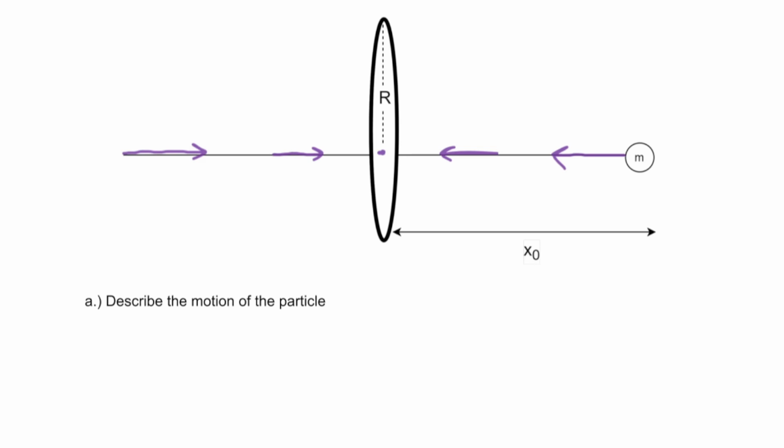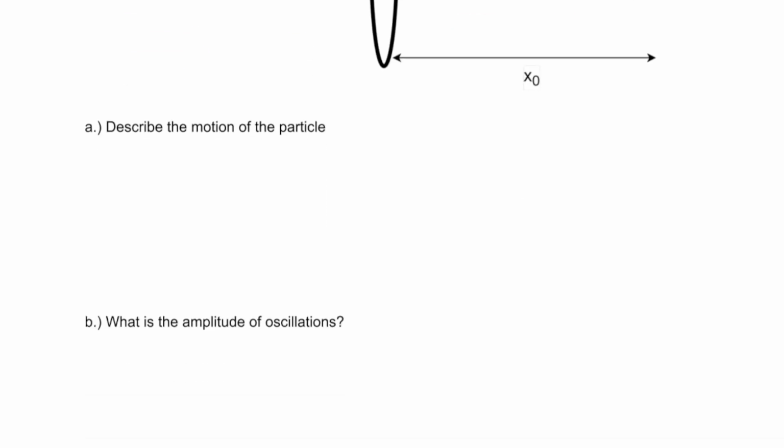Because if I think about this as a vector field, if I release mass m from rest, it's going to accelerate, go faster, faster, faster. There is no force at the center of the ring, but it's going so fast that it's not going to instantly stop until it gets slowed down by the vectors on the left, and the cycle is going to repeat forever. So, describe the motion of the particle.